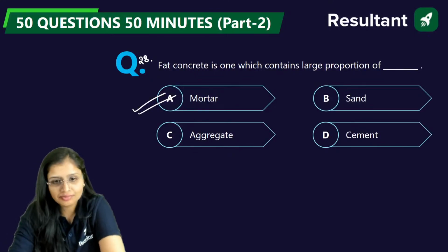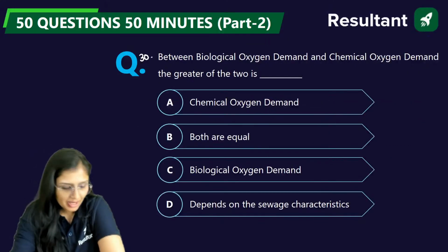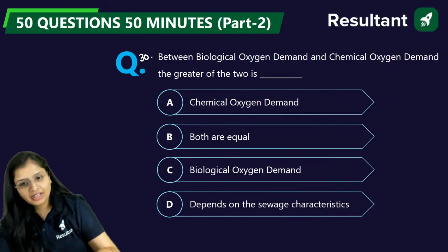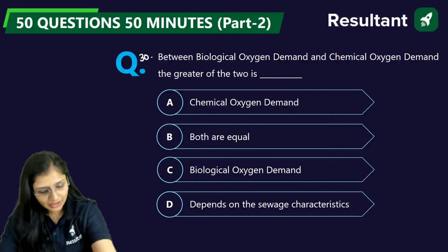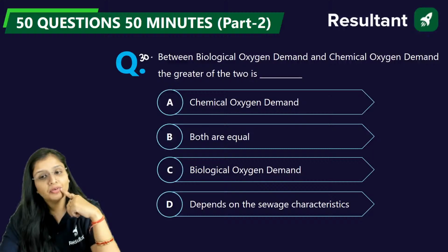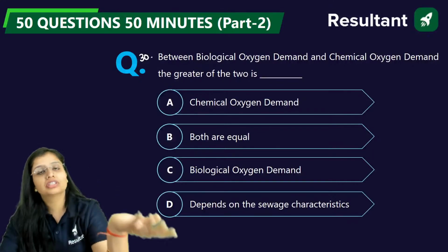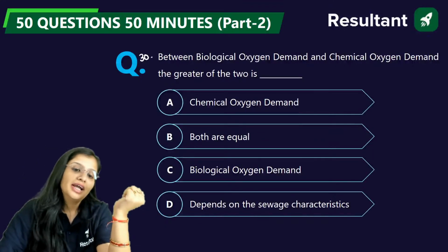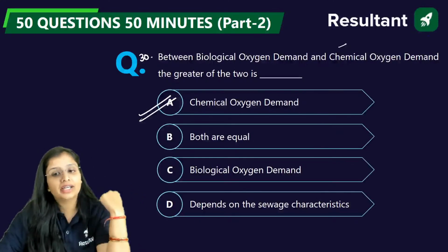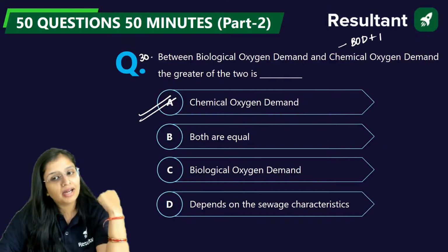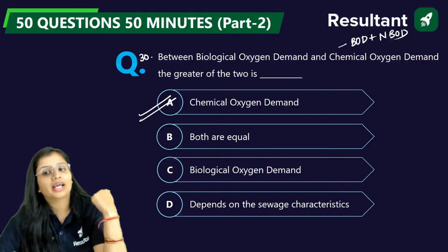चलो next question. Okay, between BOD and COD which is greater, guys? Obviously chemical oxygen demand is greater. Chemical oxygen demand is the amount of oxygen required for the decomposition of biodegradable organic matter and non-biodegradable organic matter.